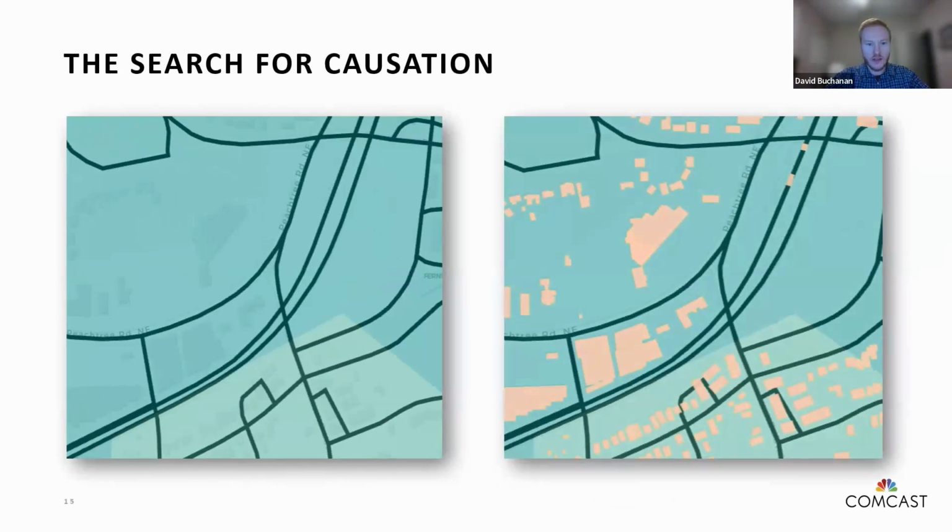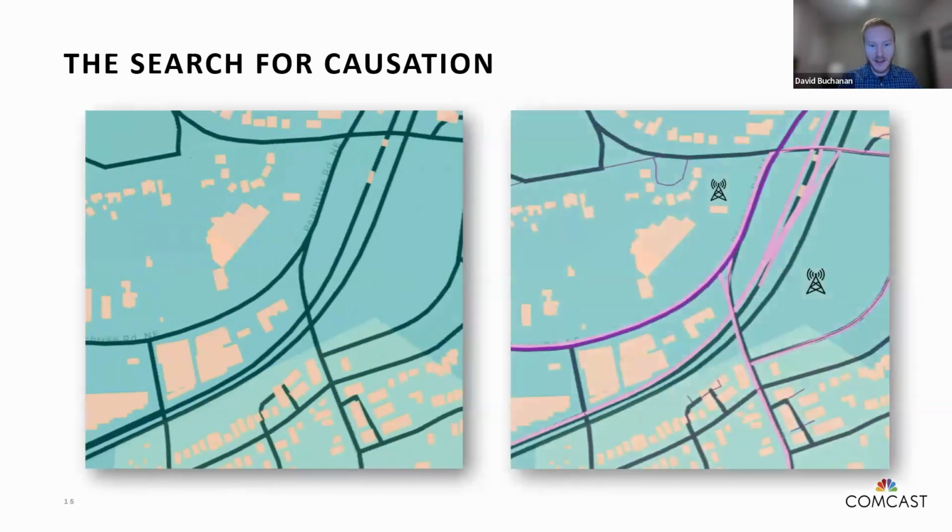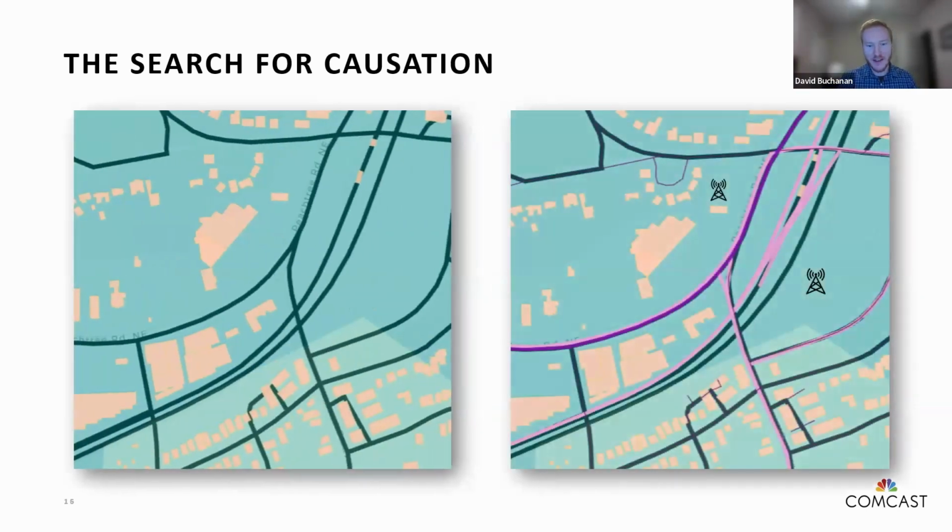So we go back to the Overture data set, laying on top even more layers of geospatial information. Still not quite enough. We want to get the government transit data. Are they on the trains? Are they on a bus route? And how far away are they from the cell towers that we get from OpenCell ID?